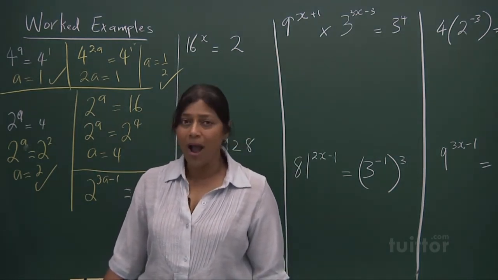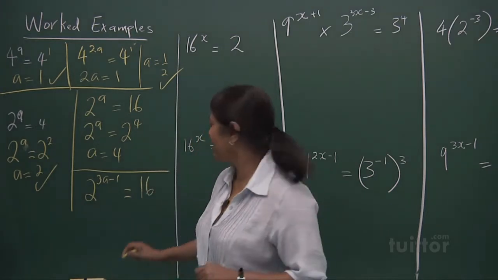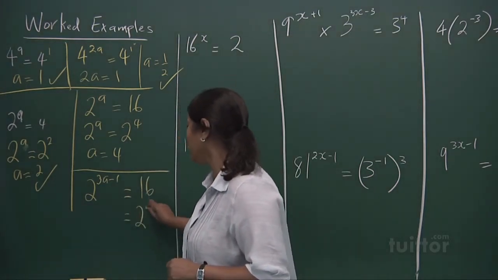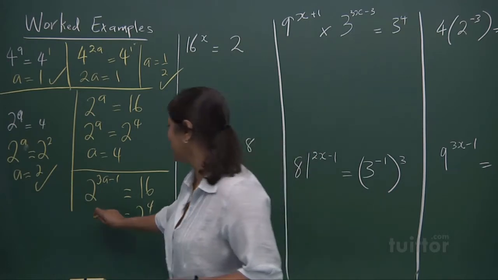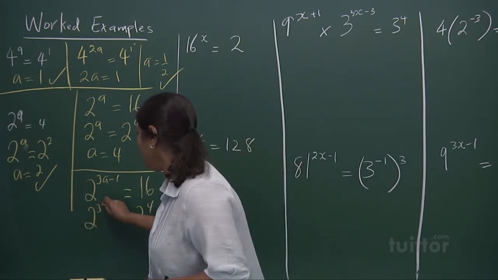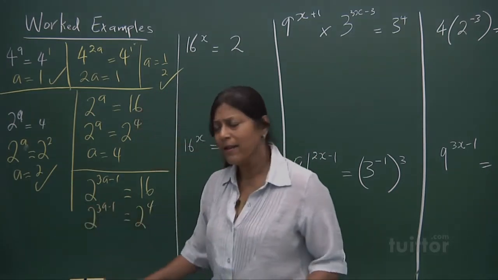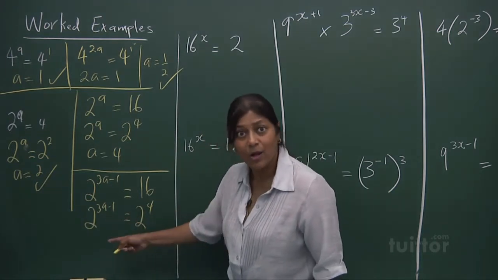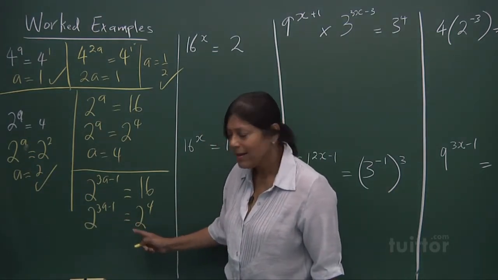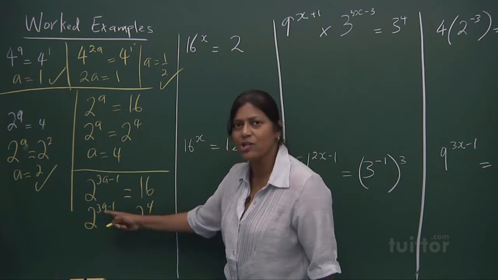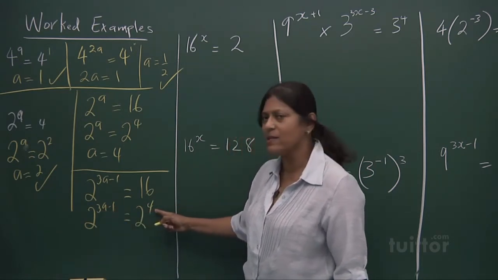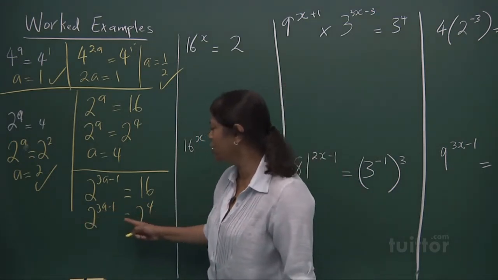No. Why? Because you know that 16 is 2 to the power of 4. And that's 3A minus 1. Look at that again. Look at it harder. Yes, you see that 3A minus 1 is 4 because they're both 2's.